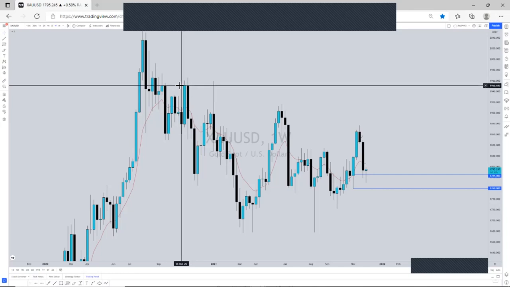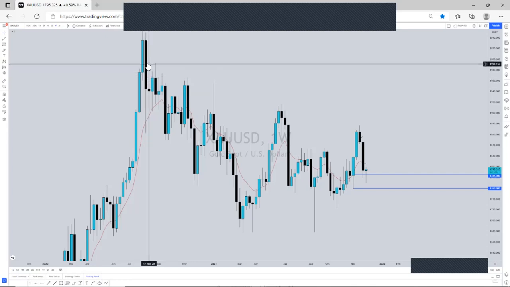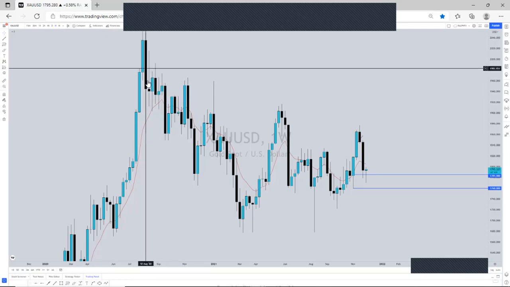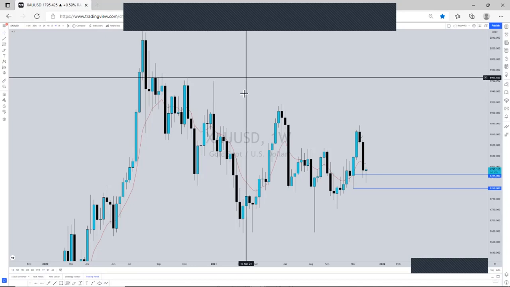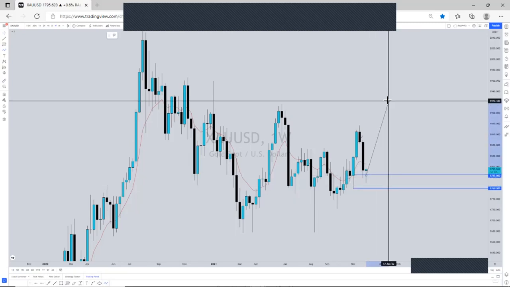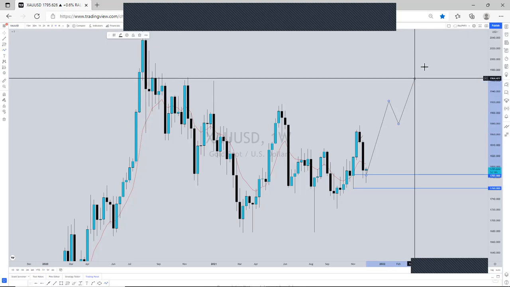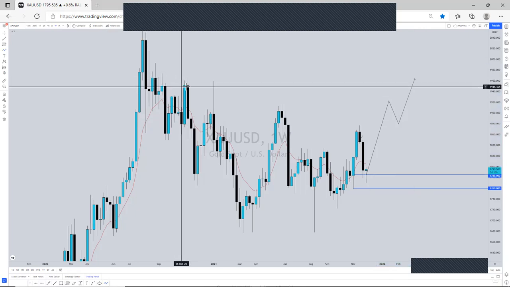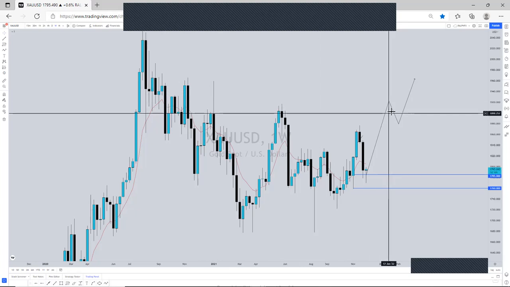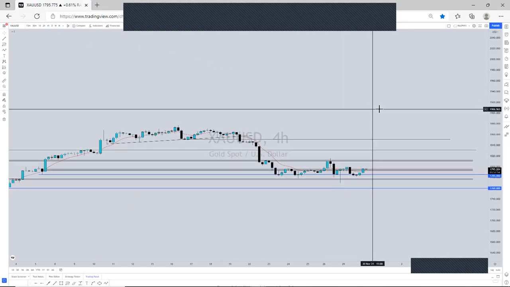This is a good level of liquidity because of all these wicks, and we know that gold has drawn liquidity from this level. So it makes sense that if price wants to pop to the upside, 1950 could be a good level to take liquidity from. That's what I'm looking at currently on gold.